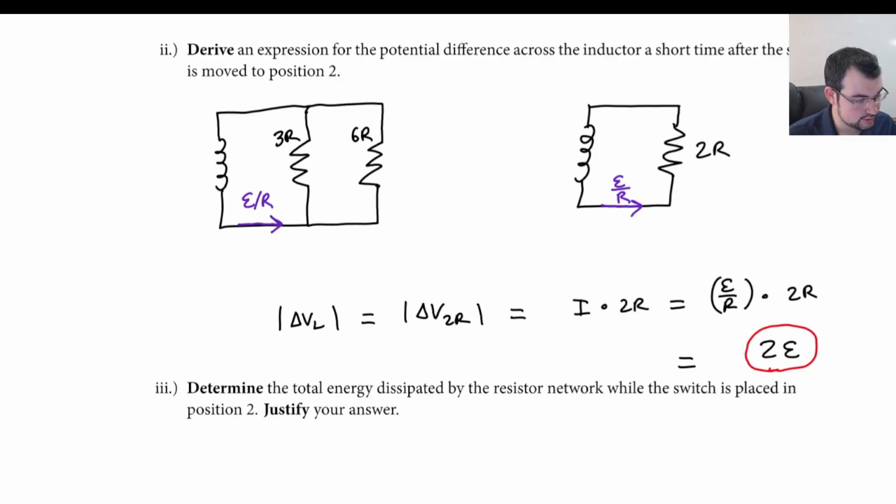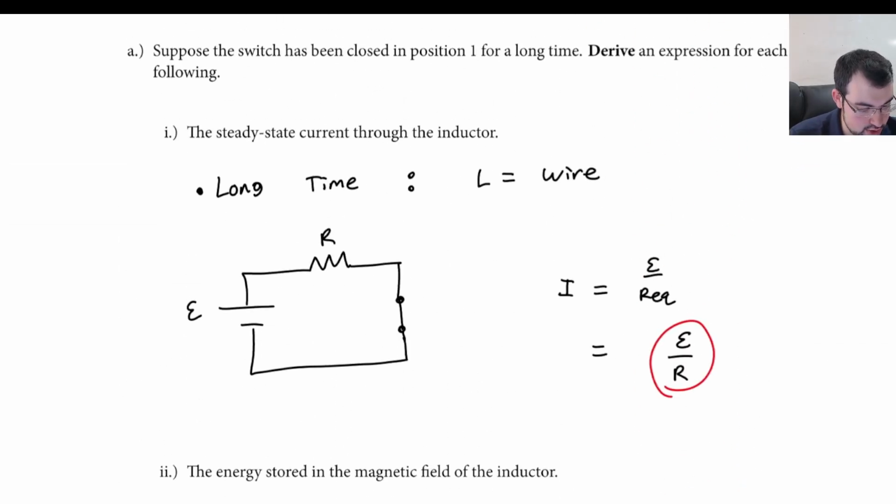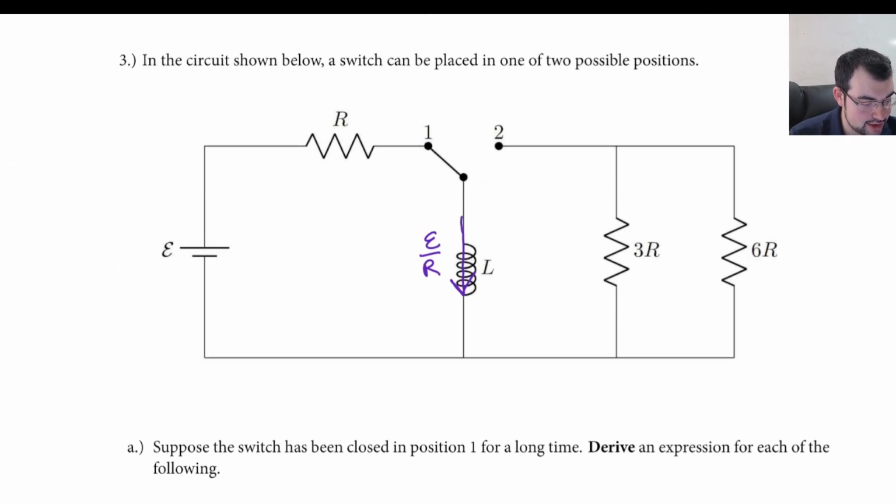Because the inductor voltage is actually double the battery voltage. Because inductors maintain the current, the inductor doesn't ask the resistor what current to come up with. The inductor maintains its original. So it's actually possible to get huge voltages in these inductor circuits as soon as you flip the switch.